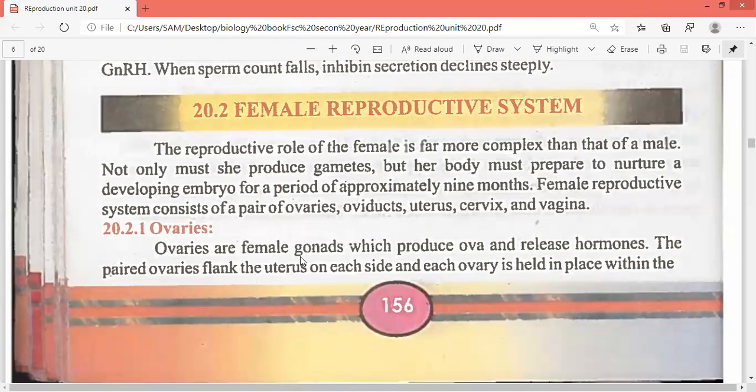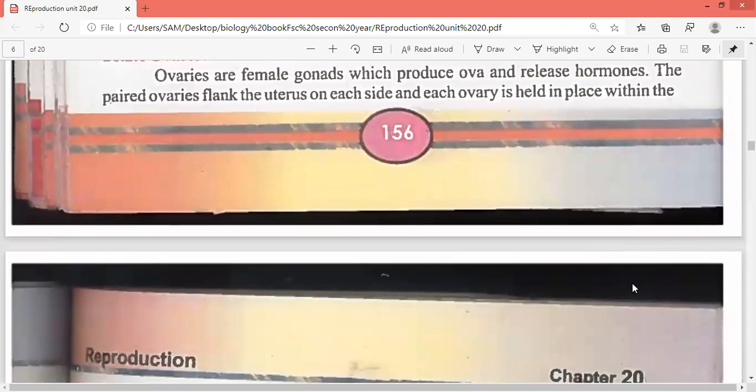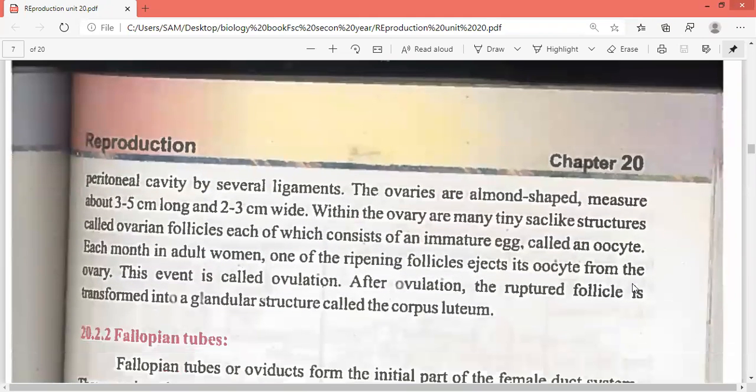Ovaries are female gonads, which produce ova and release hormones. So the ovary which I have shown you in that diagram is actually the gonad producing the ova and releasing the hormones. The pair of ovaries flank the uterus on each side, and each ovary is held in place in the peritoneal cavity by several ligaments.